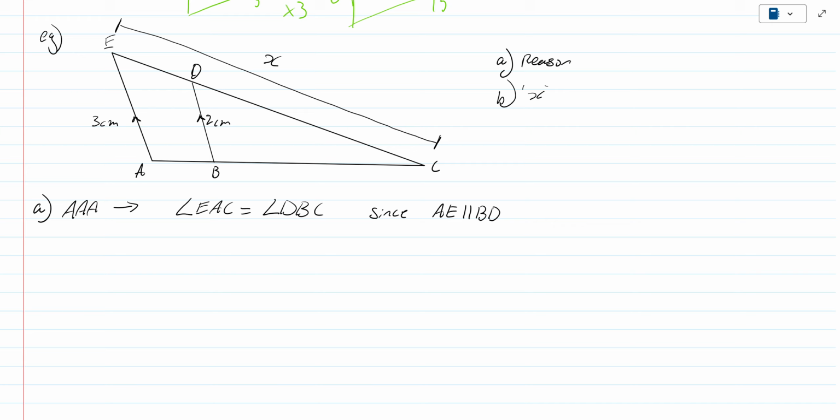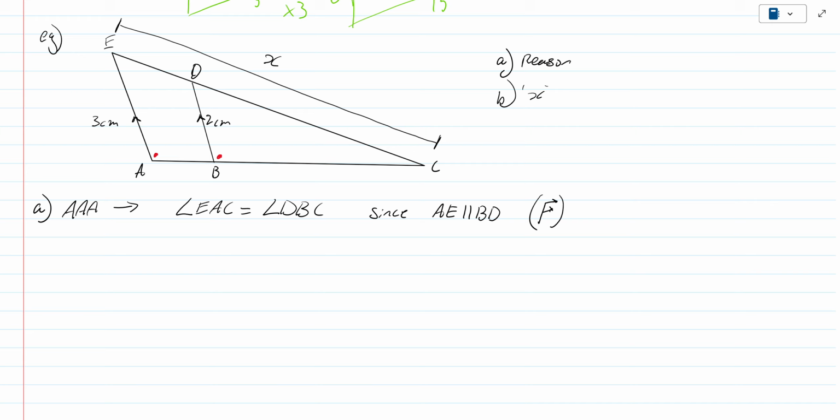Because the two are parallel, angle EAC, which sits here, and angle DBC, which sits here, are corresponding. So that is our F rule.